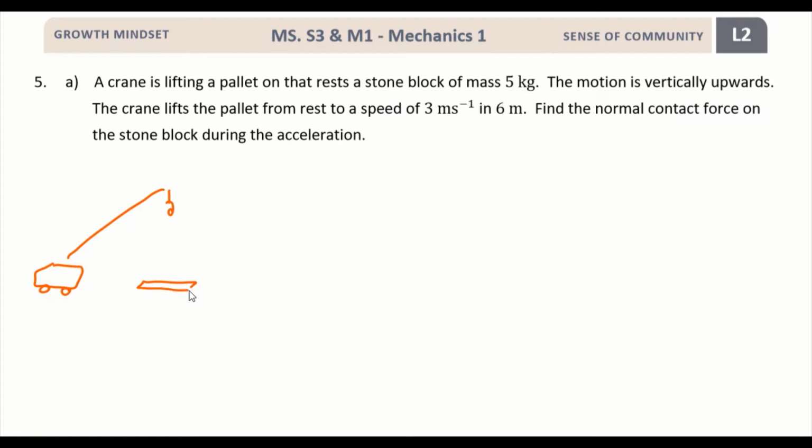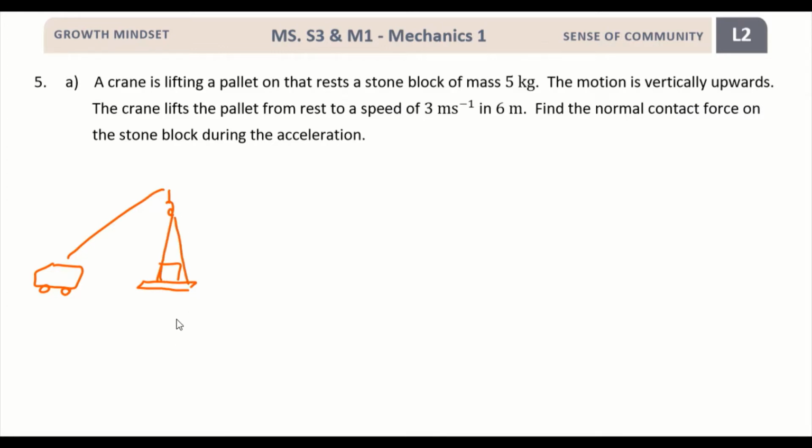On the floor itself, there's a stone block here. Okay, so the block is 5 kg. Then what you are trying to do is pulling it going up. Yeah, so I mean it doesn't work like this. Maybe my drawing is a bit off. Yeah, but basically, oh yeah, maybe like this. Okay, it's trying to pull it up.